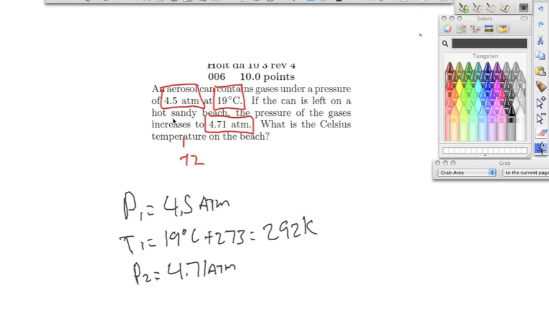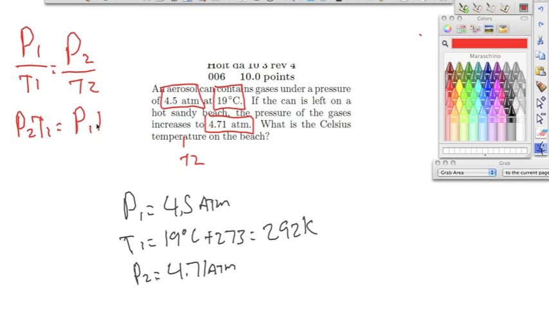Okay, so the only thing that we're given are pressures and temperatures, so we're going to be using Gay-Lussac's equation, which is P1 all over T1 equals P2 over T2. Now remember, whenever we see this, we always cross multiply, so we get P2 T1 equals P1 T2, which we know that we're solving for the second temperature, so we divide by P1.